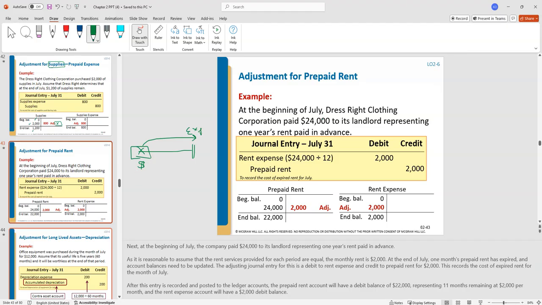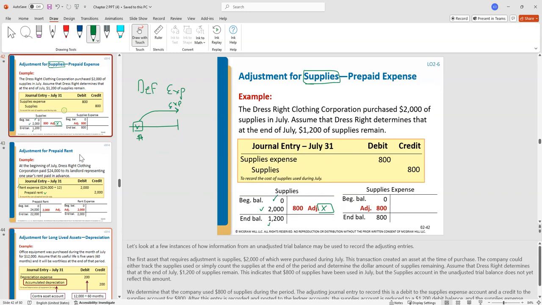So in this case, at the beginning of July, we paid $24,000 in advance, cash out. Now some time has passed. We have to take the actual expense: debit rent expense, credit prepaid rent. We teed up the prepaid. Now we get rid of it commensurate with how much we have used. So there's one example of a deferred expense for supplies.